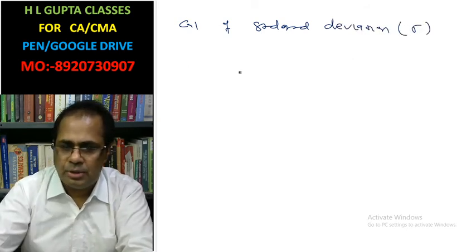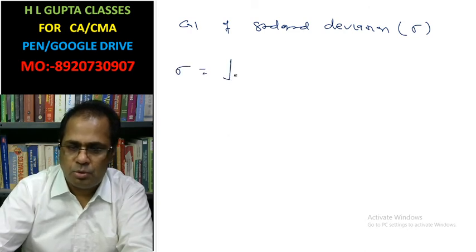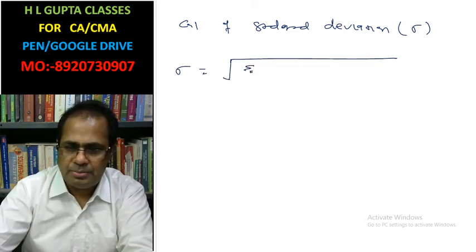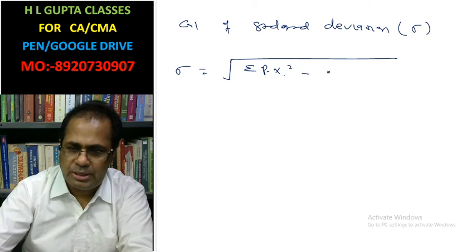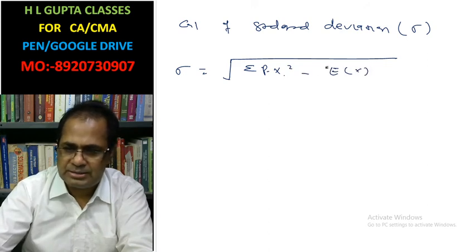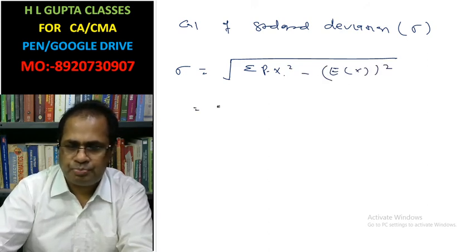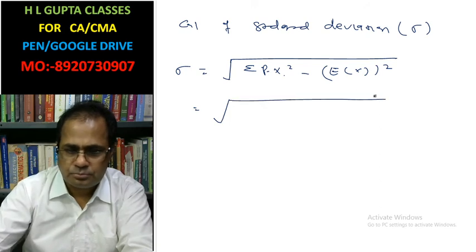Now the calculation of standard deviation: standard deviation equals root under summation PiXi squared minus E(X) whole squared.